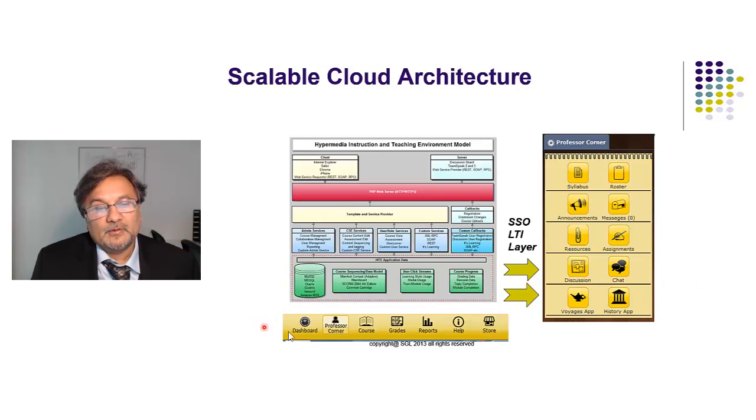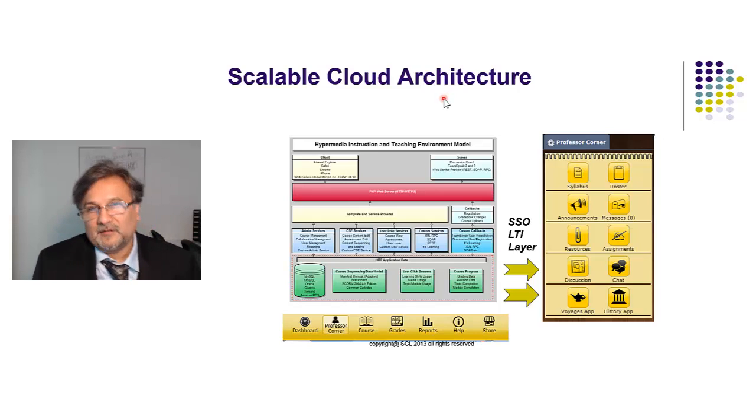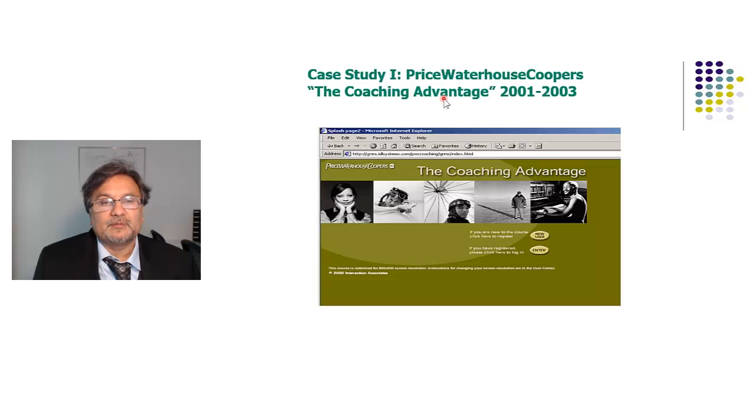And so if you look at here, we do everything on the cloud. So we are mobile learning sitting on the cloud, and we can do 100 students or 100 employees to 1 million employees without any problem. So the main issue there is that we are highly customizable. So now let me show you some case studies.